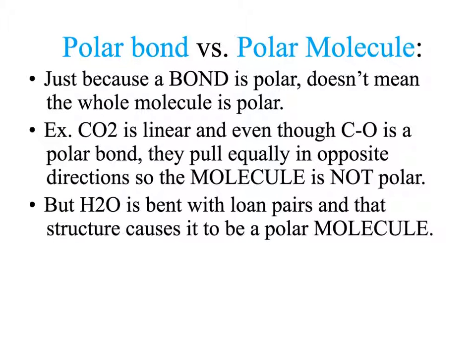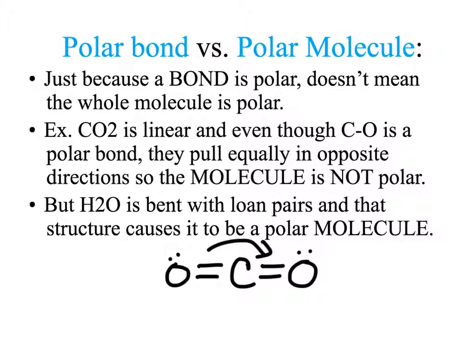Now, just because a bond is polar doesn't mean the whole molecule is polar. For example, the carbon to oxygen bond is polar, but when we draw carbon dioxide like this, we have this 180-degree angle, if you recall from our drawing. You have oxygen pulling this way and oxygen pulling this way. It's going to be exactly equal.